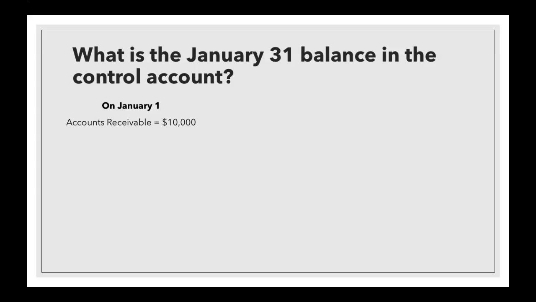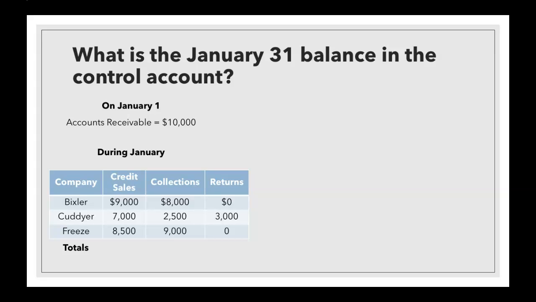Then, what is the January 31st balance in the control account? The control account, that's the overall accounts receivable account, right? That one started off with $10,000. During January, we had these credit sales, collections, and returns. Since we're dealing with the control account, we're going to want to sum up each of those groups.